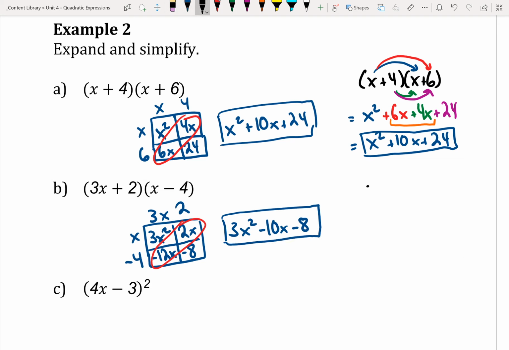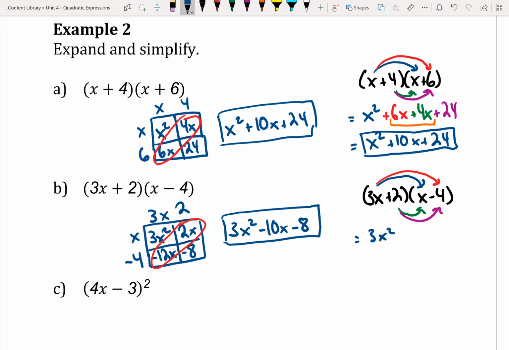I can use the FOIL method as well. So 3x plus 2 times x minus 4. Again, first numbers multiply, then your outside numbers, your inside numbers, and then your last numbers.